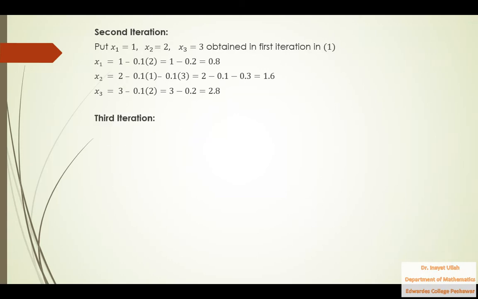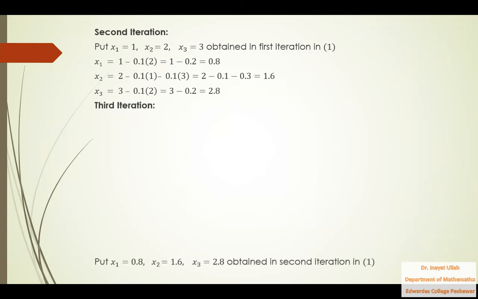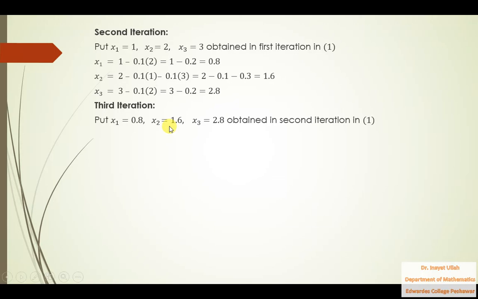And similarly the third iteration will be performed by using the new values of x1, x2, x3. The new values are 0.8, 1.6 and 2.8. Put these values in the system of equations 1 to get the new values of x1, x2 and x3. In the first equation x1 is equal to 1 minus 0.1 into x2, and x2 is 1.6, to get the new value of x1, which is 0.86.